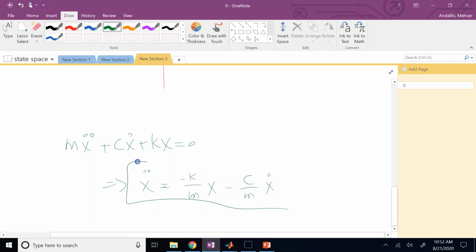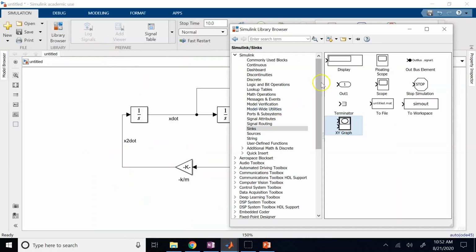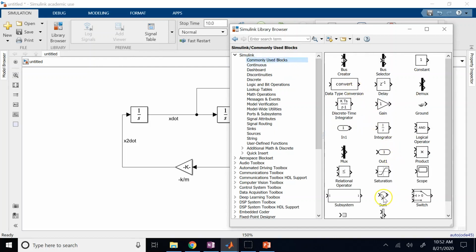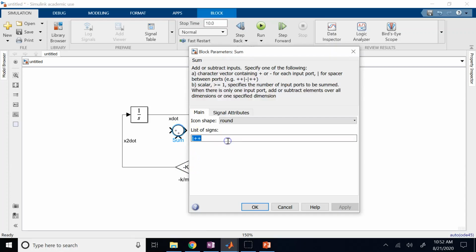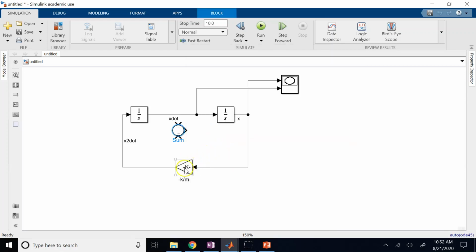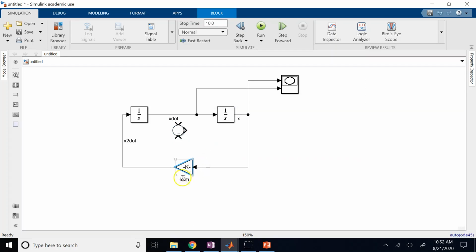Okay, so I need to implement this equation in Simulink. So I need to add the stuff, so I need to bring the sum block. Now both terms are negative, but I can implement the gain to be negative, or I can implement the sum to be negative. So I can say negative, negative, then here I make this positive, okay? And then call this k over m.